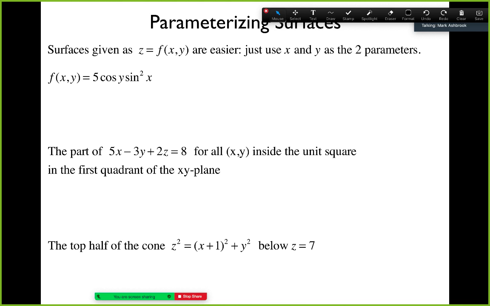All right, so any surface that's given as z as a function of x and y is the easiest, because we can just use x and y as the two parameters. And remember, the vectors coming out of this vector function are giving us points on the surface. So if our parameters are x and y, what are the x components?